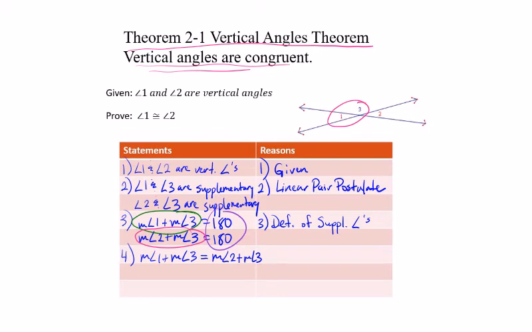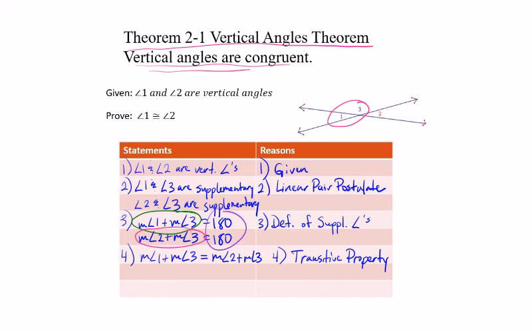You could use substitution or the transitive property. I'm going to use the transitive property. If two different things equal the same thing, they must equal each other. Transitive property of equality.